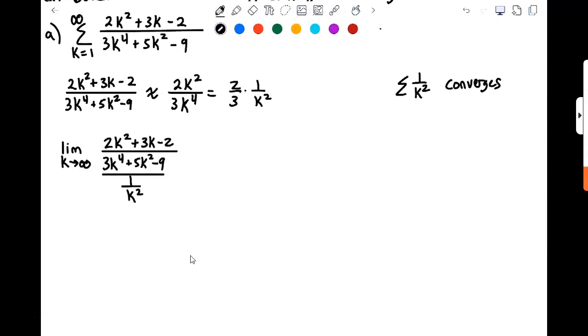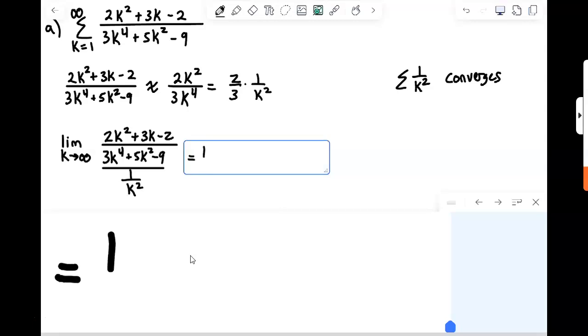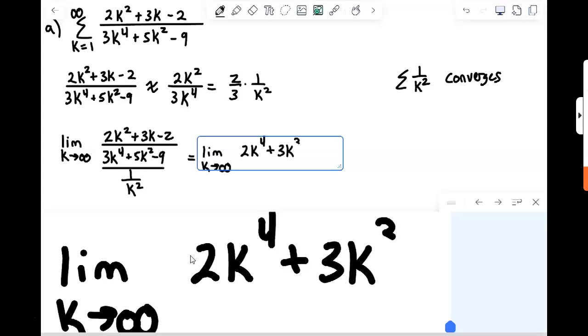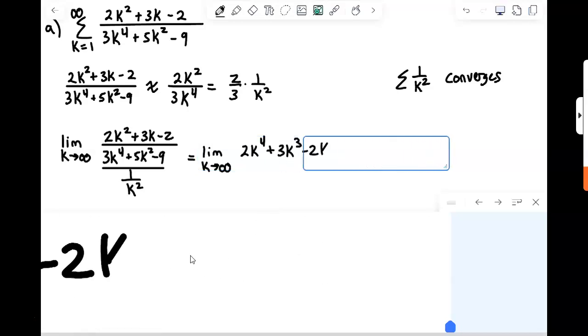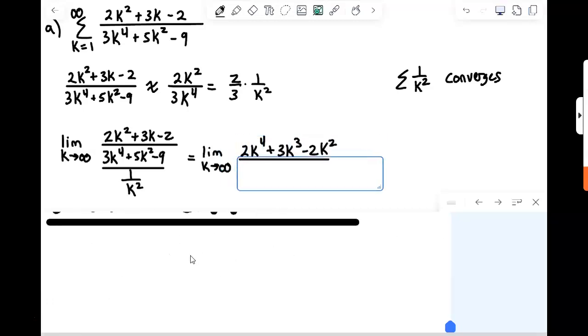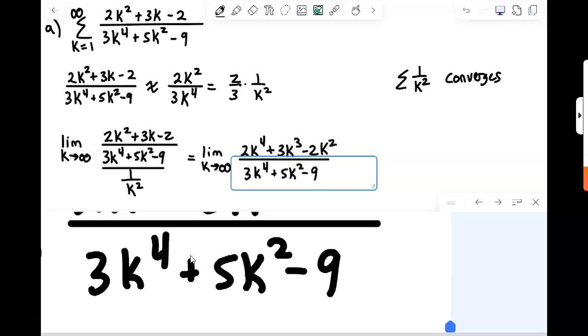So here we go. Dividing by 1 over k squared is the same as multiplying by its reciprocal, k squared. That gives the limit as k goes to infinity of 2k to the 4th plus 3k cubed minus 2k squared, all over 3k to the 4th plus 5k squared minus 9.